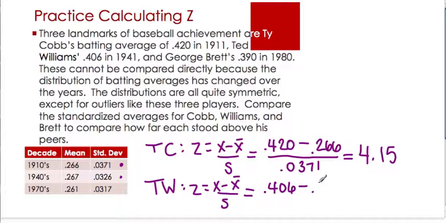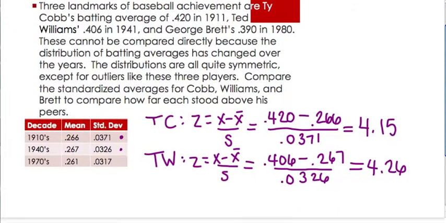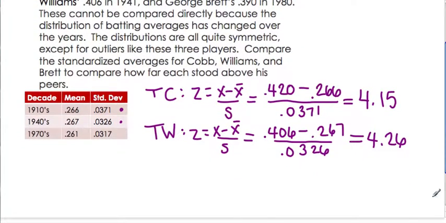So the average batting average, I know that sounds weird, was 0.267 divided by the standard deviation of 0.0326, which gives me a z-score of 4.26. So Ted Williams was 4.26 standard deviations above other baseball players during his decade.